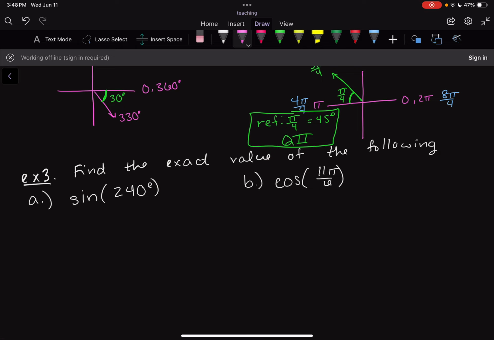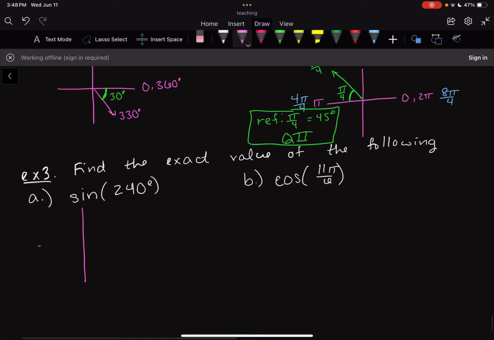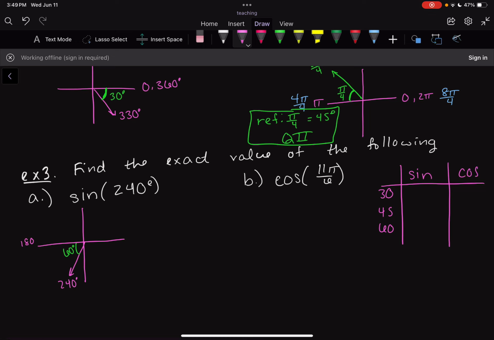So sine of 240. I just discovered that my reference is 60 for this. So this is 180, this is 240. We said that my reference was 60. This means that to get this value, what I really want to come back to is the table. So I have 30, 45, 60, sine, cosine.